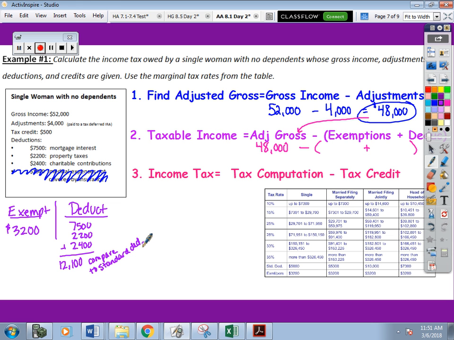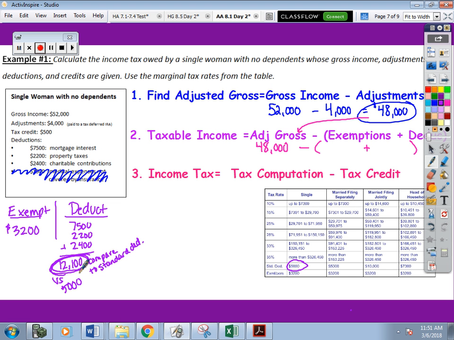So the standard deduction is $5,000. So you're doing this versus 5,000. And you're taking the bigger of the two. So the itemized deduction is definitely better because we're going to get to subtract more money. So we're going to use the 12,100.